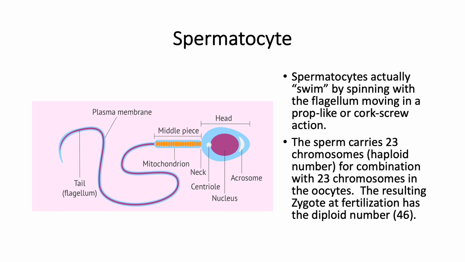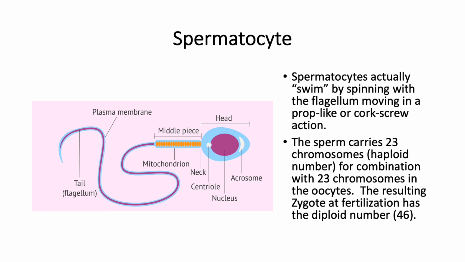Spermatocytes are much simpler than oocytes. So they have a nucleus and acrosome, and a mitochondria, which is the little motor that operates the flagellum. And the flagellum doesn't really wave like a tail, like it was previously thought.